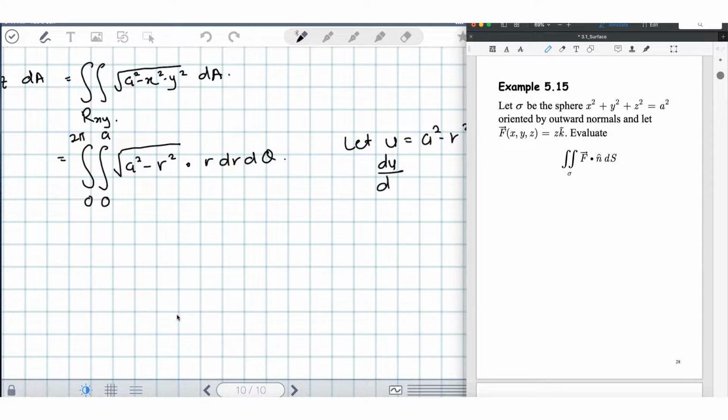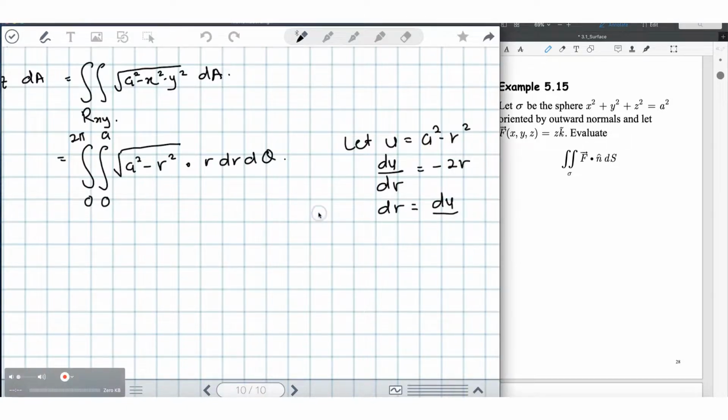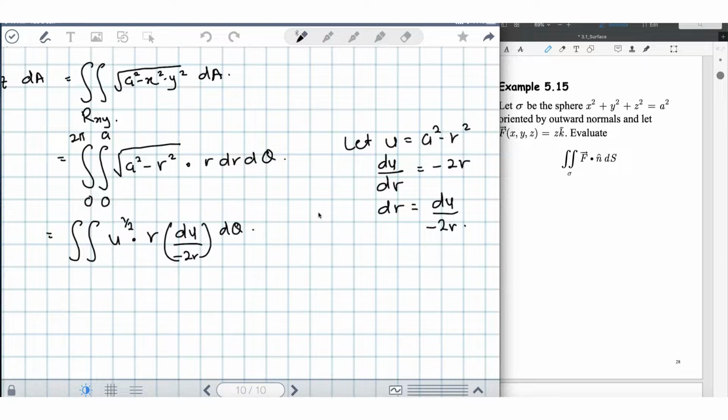du dr is minus 2r, so dr is du over negative 2r. You have the square root of u times r, and dr is du divided by minus 2r, d theta.